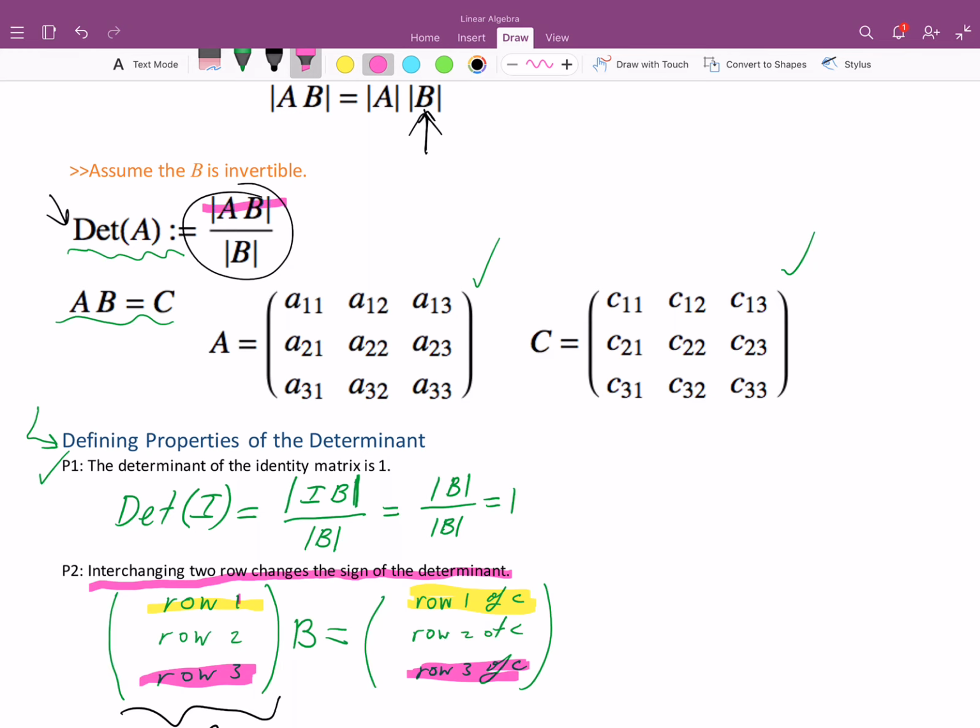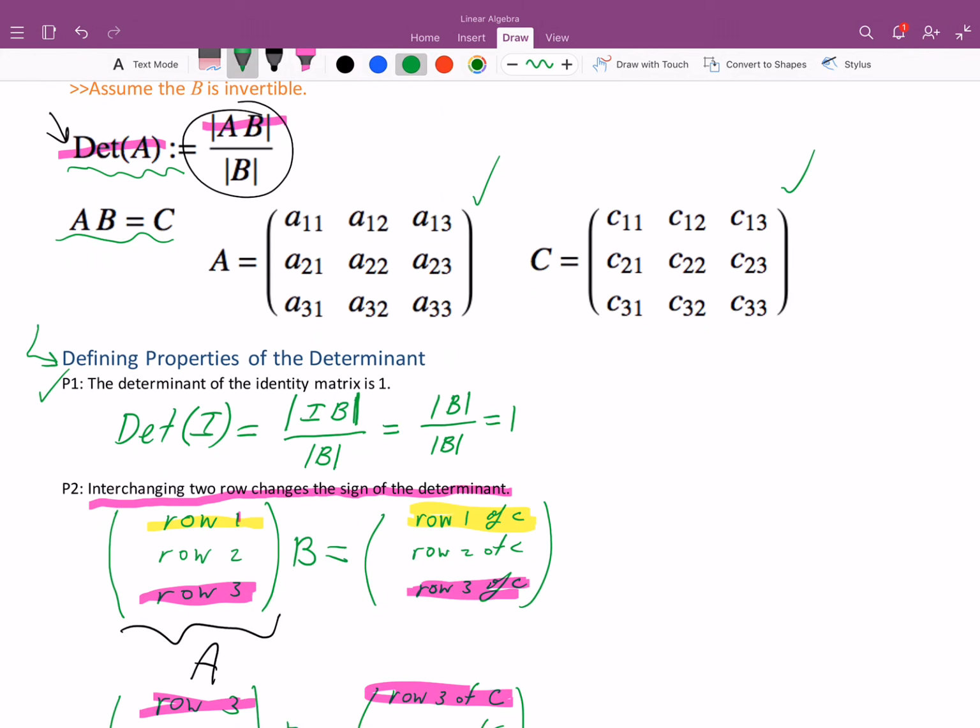Changing two rows of A will change the same two rows of AB, and that'll put an opposite sign there. The denominator is not changing sign, so that ratio would change sign, and therefore the determinant would change sign. So that proves that this determinant function satisfies the second defining property of determinants.